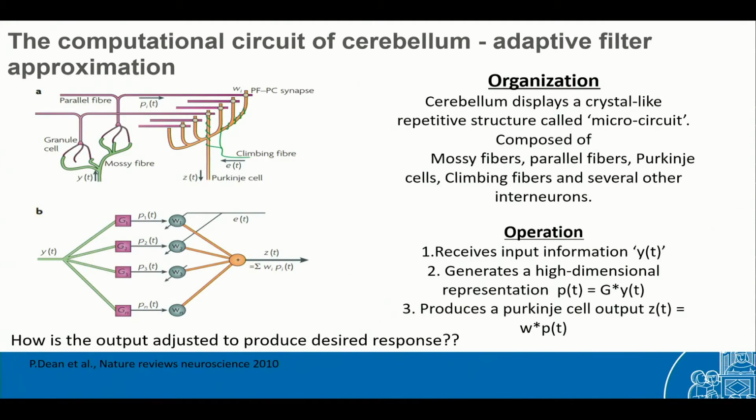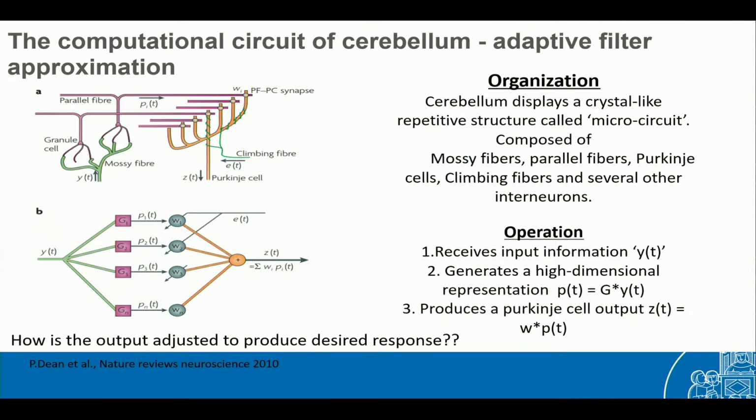So, thinking about a computational circuit of the cerebellum, we started from the one proposed by Dean and colleagues in 2010, where the cerebellum is modeled by replicating what is called the microcircuit, which is composed of mossy fiber, parallel fiber, Purkinje cell, and climbing fiber.